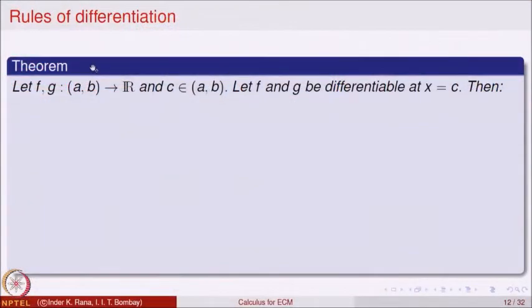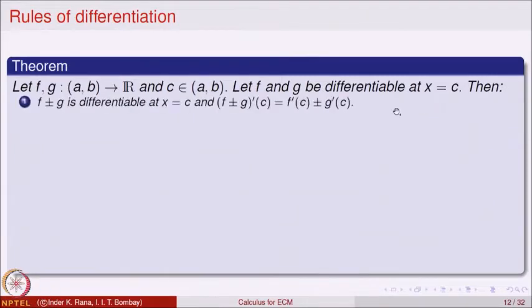This is a theorem. Let us take functions f and g defined in a domain (a, b) taking values in R. So, the domain is an open interval (a, b) and c is a point in the open interval (a, b). Let us say that both the functions f and g are differentiable at the point x equal to c. Then the first claim is that the function f plus g, and also the function f minus g, are differentiable at c.